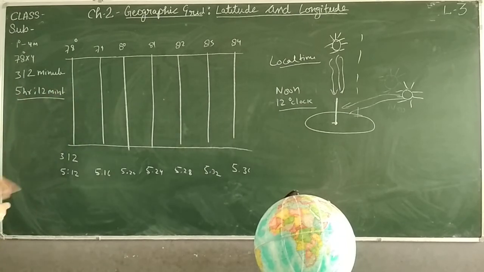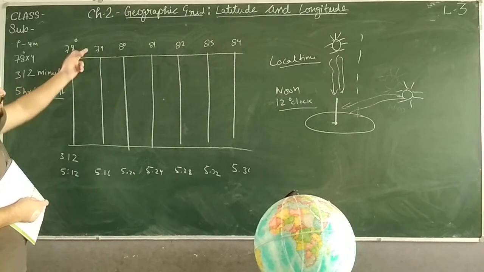So a difference of 1 degree means a difference of 4 minutes.